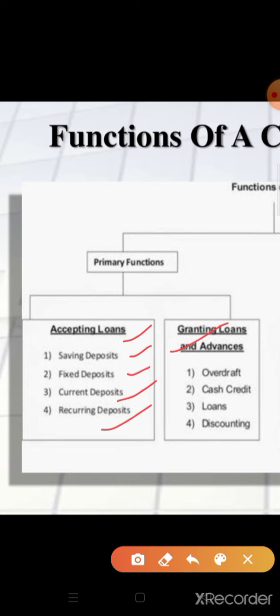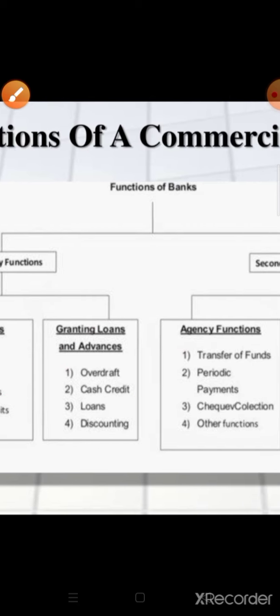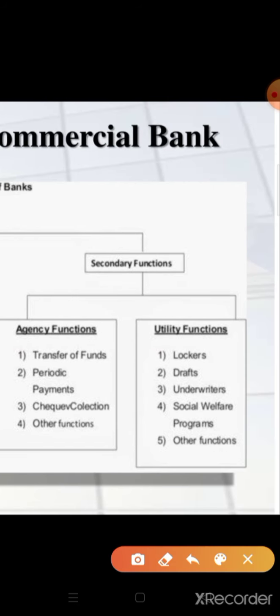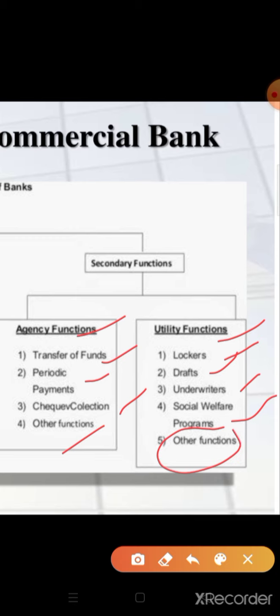In granting loans and advances, there are overdraft, cash credit and loan discounting. In the secondary function, there is agency function and utility function. Agency function includes transfer of funds, periodic payments, check collection and other functions. In utility function, there are locker facility, drafts, underwriting, social welfare programs and other functions.